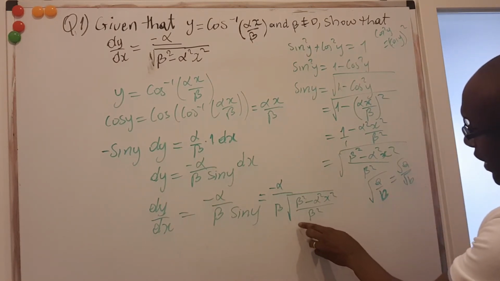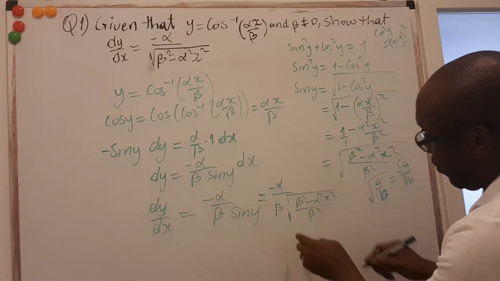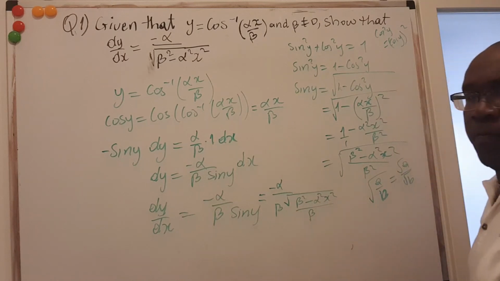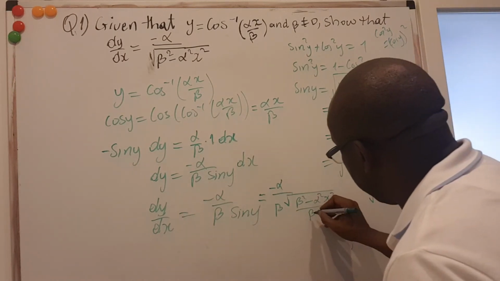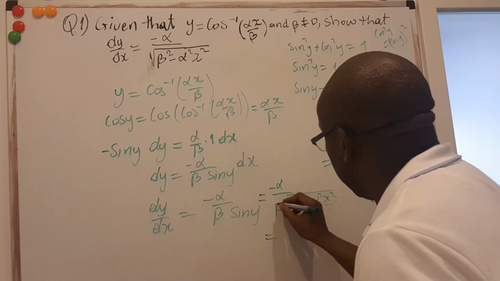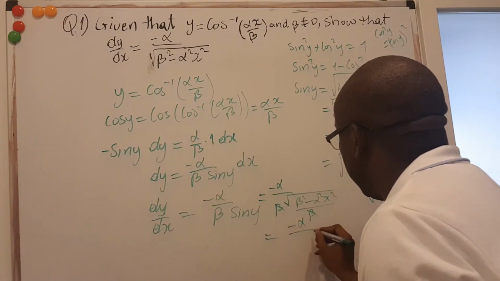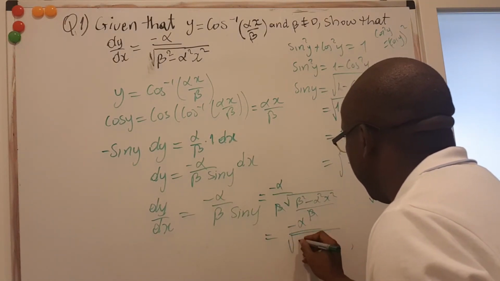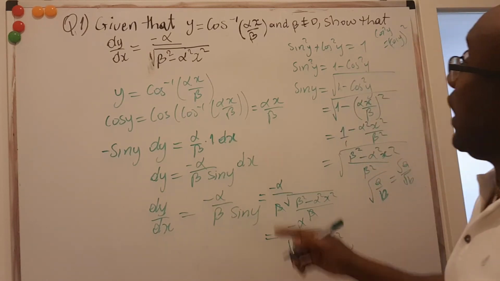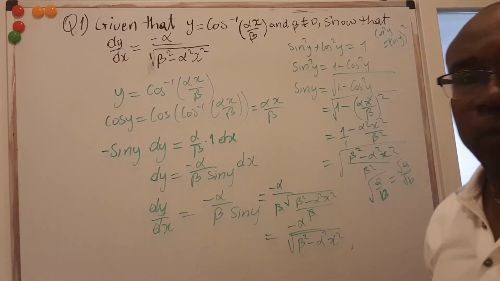So if I do that here, then this can go up, square root there, and the square root below becomes just beta. Then you see that this would cancel that, and I'm left with minus alpha divided by the square root of beta squared minus alpha squared x squared. And that's what we're expected to show.